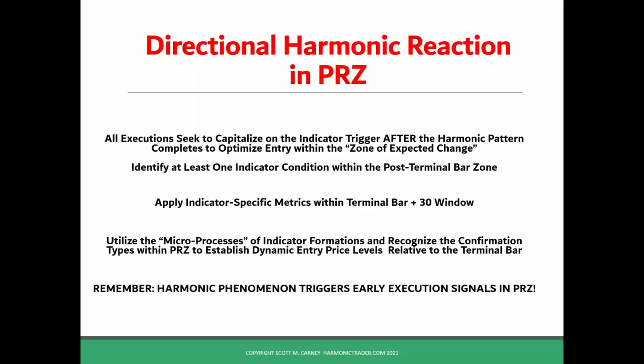That's what we're looking for. We're just looking for signs of a reaction in that big zone, because that gives us at least evidence of, hey, if we get a short-term reaction, that could lead to something larger, and we'll assess that as that happens. Okay, but these signs should definitely appear relative to the terminal bar, and they will appear early.